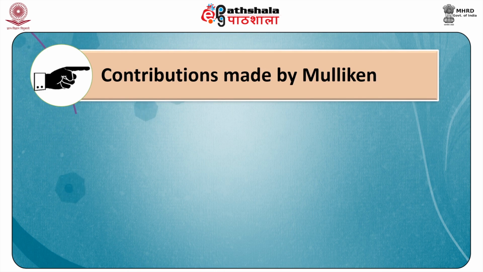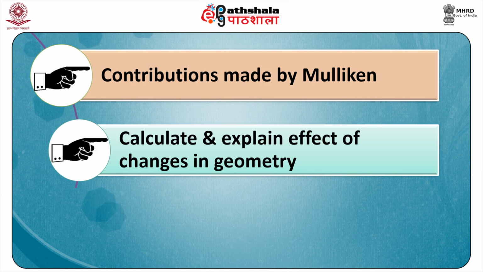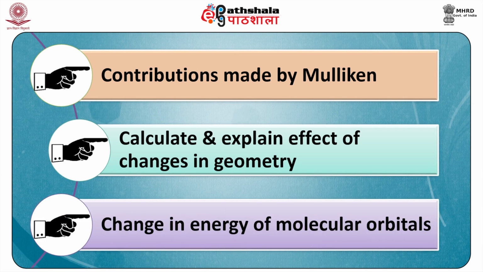He applied theoretical contributions made by Mulliken to calculate and explain the effect of changes in the geometry of a molecule with the change in the energy of molecular orbitals. It has been used to predict the geometrical trends in a qualitative or semi-quantitative manner. Walsh diagrams track the energy of molecular orbitals as the shape of the molecule is changed.